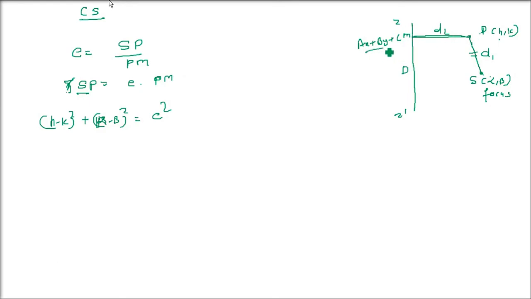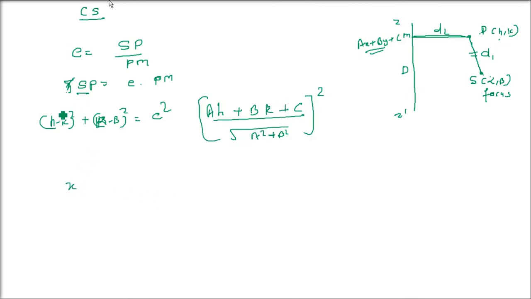What is the distance of a point from a line? We'll put h in place of x, k in place of y, plus c, by under root a square plus b square. And remember, this is squared.